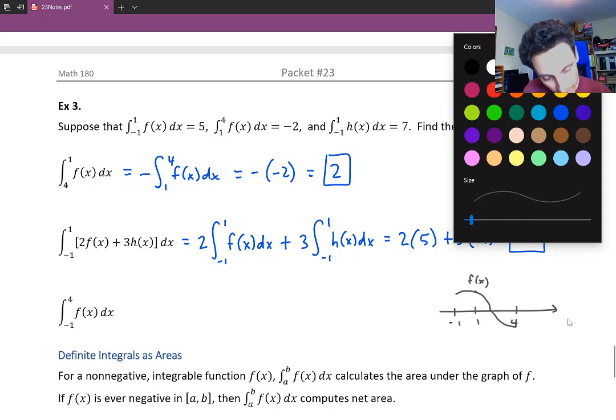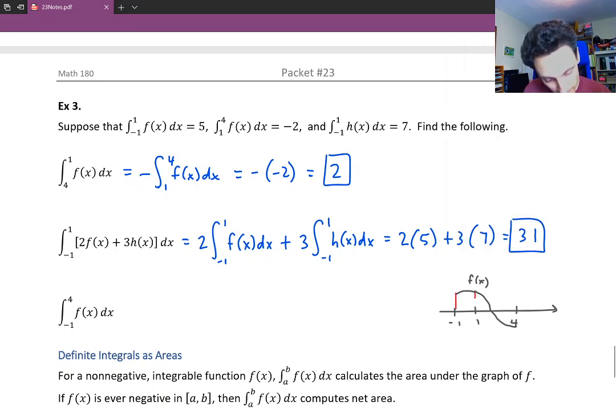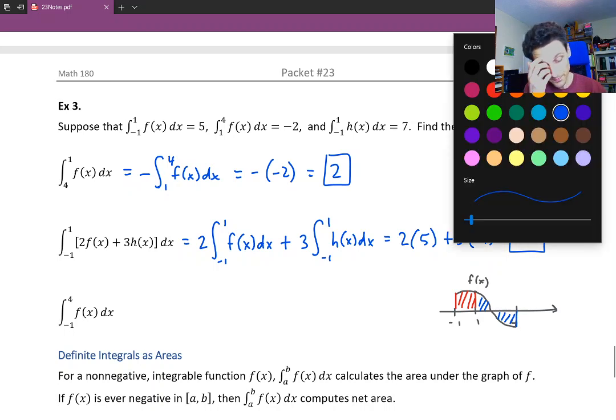So if we took the first area from -1 to 1 plus the second area from 1 to 4, then we should get the area from -1 to 4.